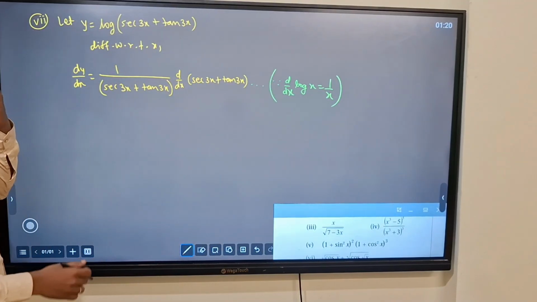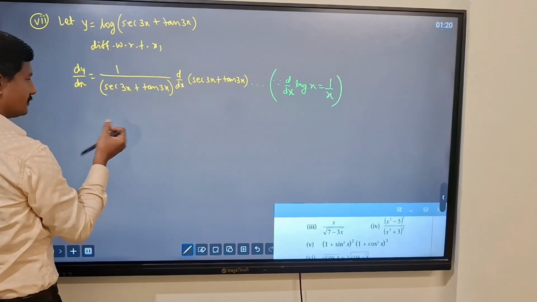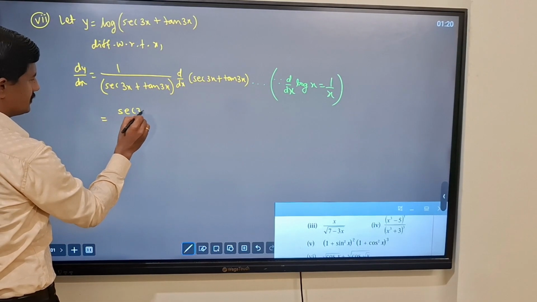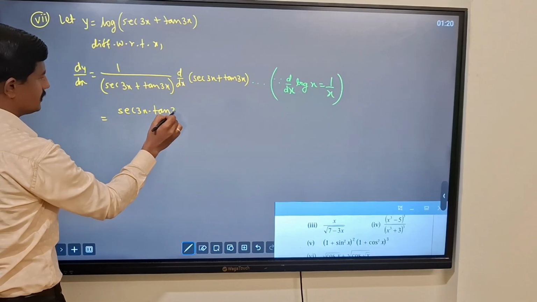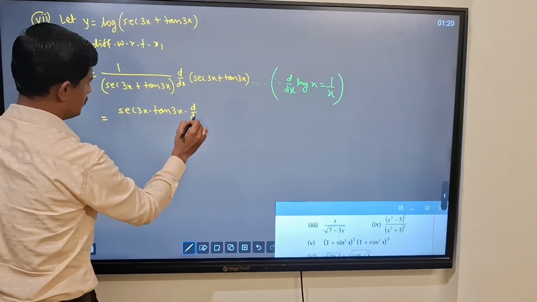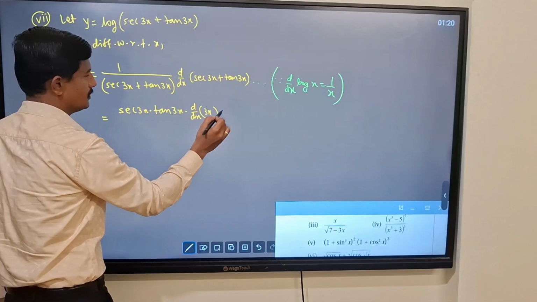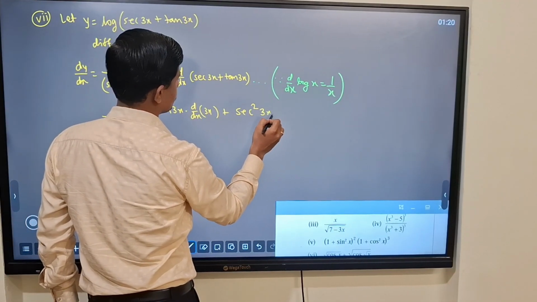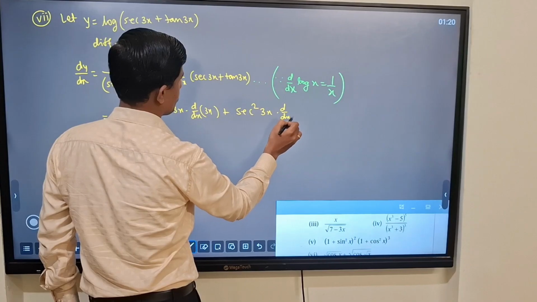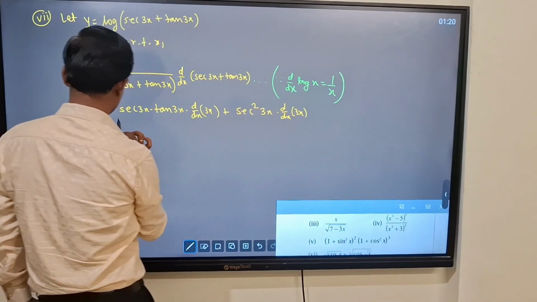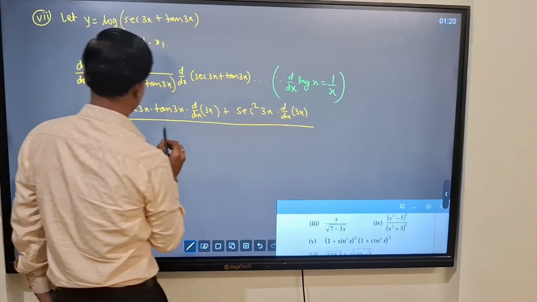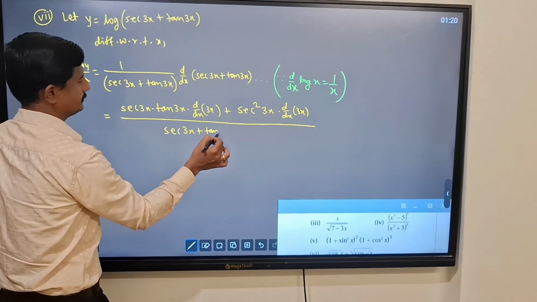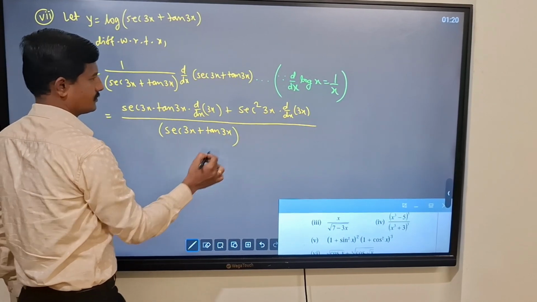Okay, now differentiation of sec x is what? Differentiation of sec x is sec x into tan x d dx of 3x plus differentiation of tan x is sec square 3x into d dx of 3x upon sec 3x plus tan 3x.